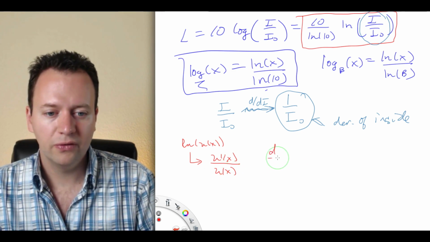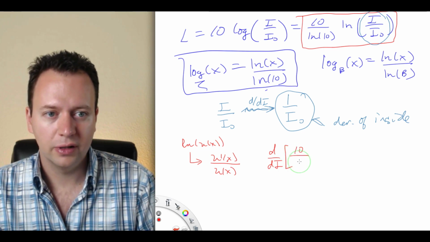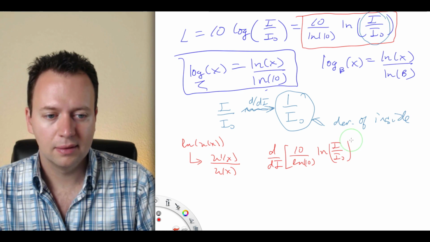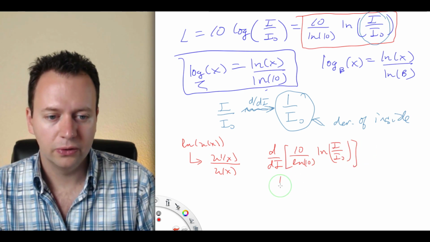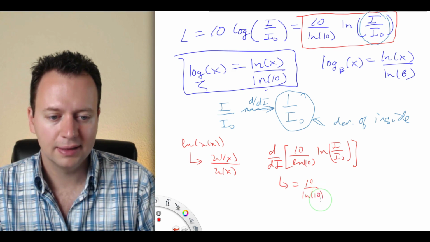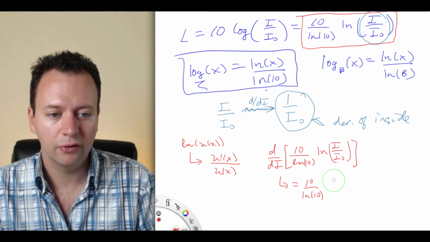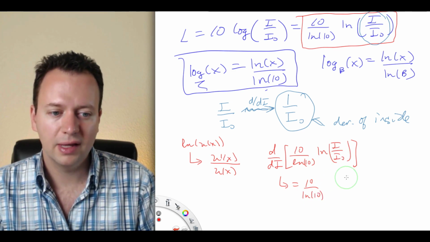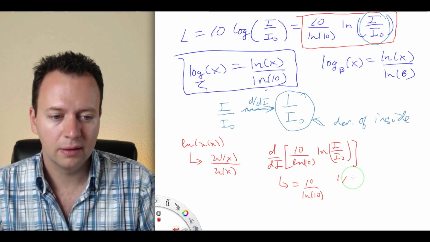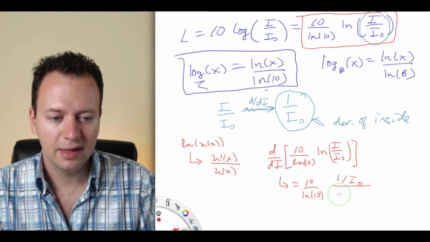So the derivative d by dI of our function 10 over ln of 10 times ln of I over I naught is equal to, well, 10 over the ln of 10 is a constant, so that just gets swept along for the ride. So the derivative of the inside, which is 1 over I naught, divided by the inside, I over I naught.